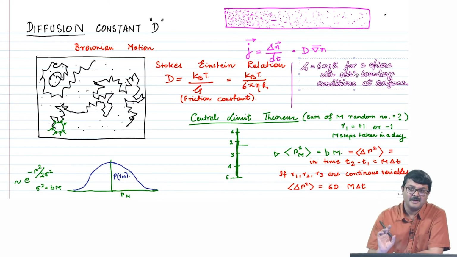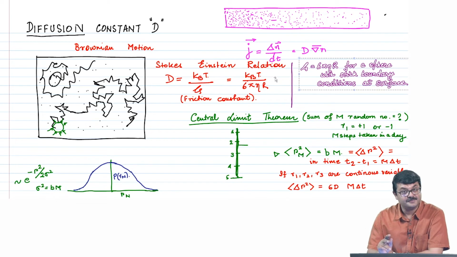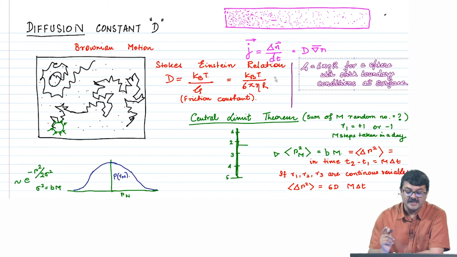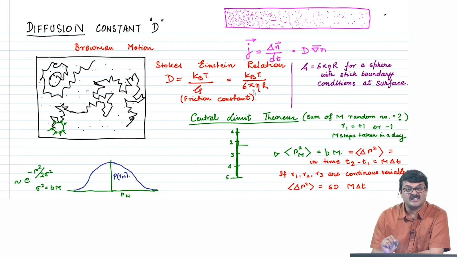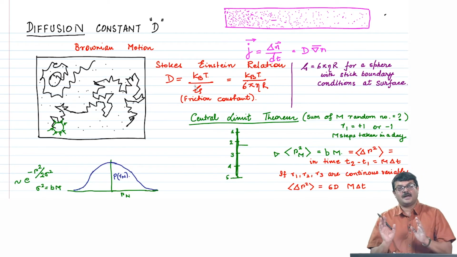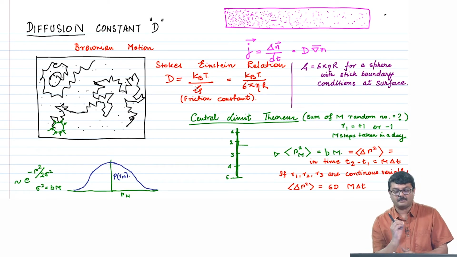But in general, if it is a non-spherical object, you do not have 6 pi eta r, you might have a different functional dependence, it might be a more complicated looking equation, and in general that friction constant, which we identify as 6 pi eta r for a sphere, we shall keep general as zeta, some friction constant, some property of that particle.